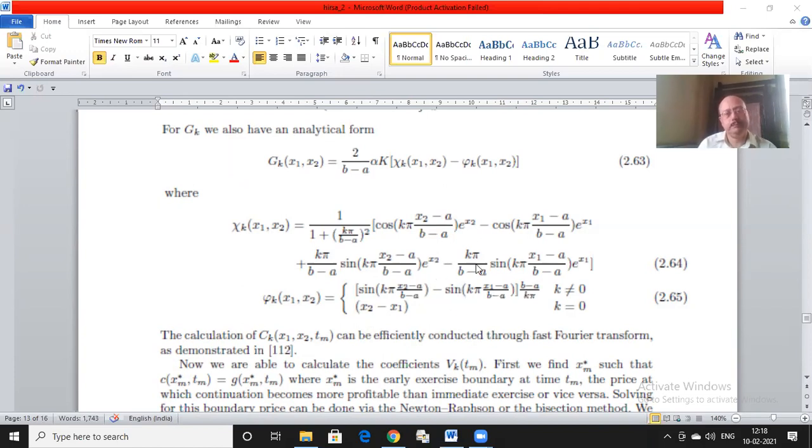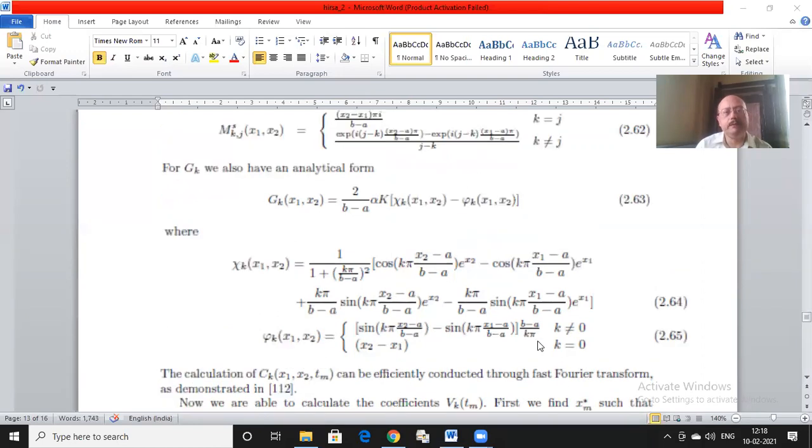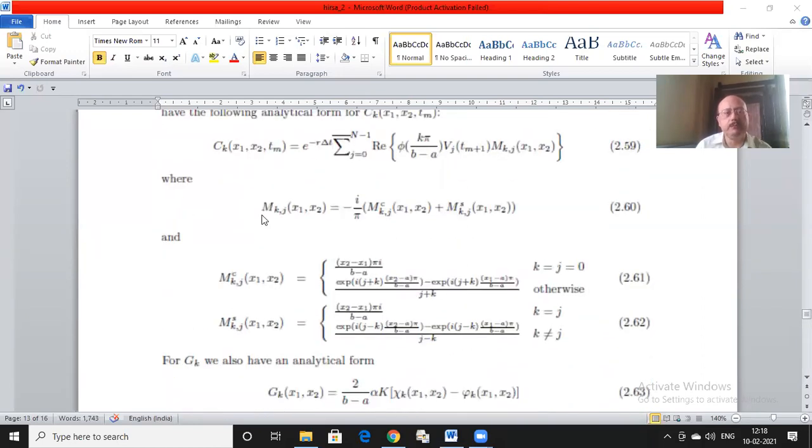So these are complicated calculations, but if you are at the last decision node, then these expressions will get simplified more. The calculation of the CK can be done using fast Fourier transform, because if you look at CK terms here, they are like our fast Fourier transform matrix calculations.